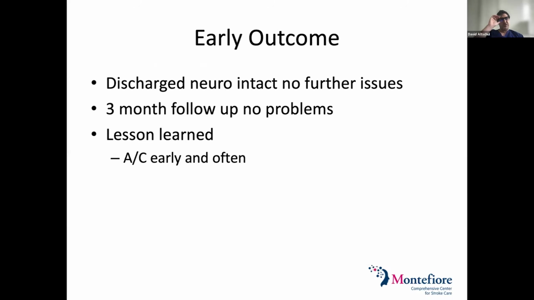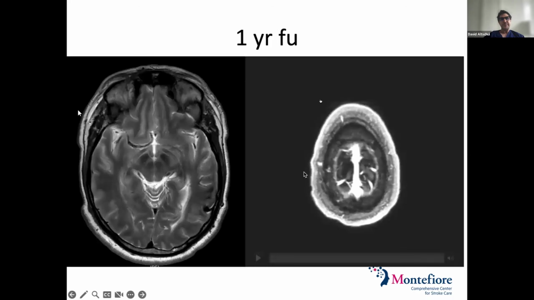So he was discharged neuro intact with no further issues. At 3 months, early follow-up, he had no issues. I would say for these very high flow fistulas, one of the morals of the story is AC early and often, because it's a dramatic change to the flow dynamics to shut down a fistula that's such high flow.